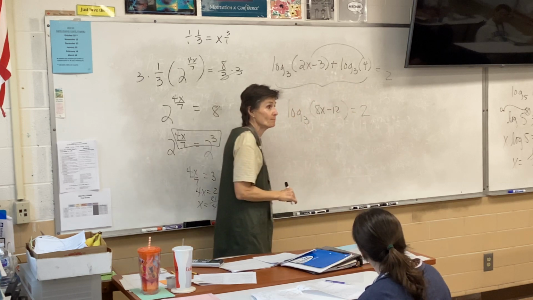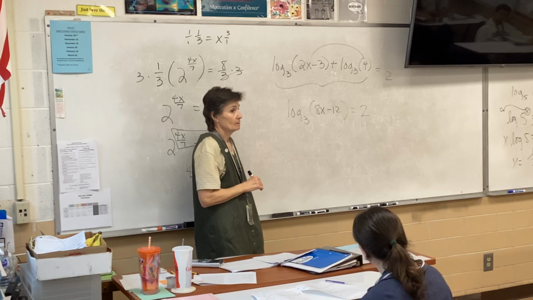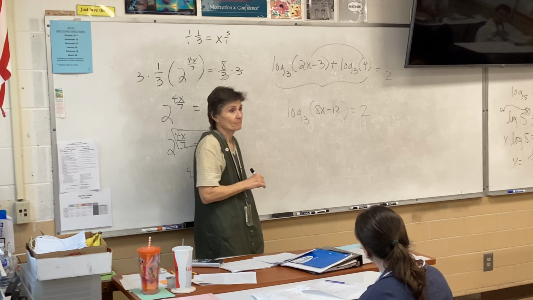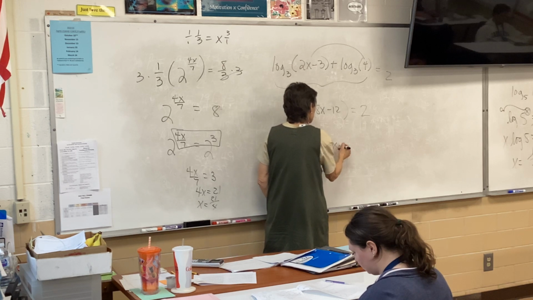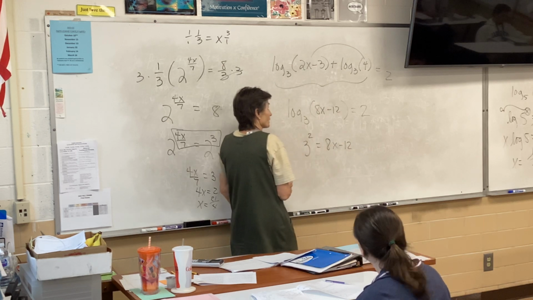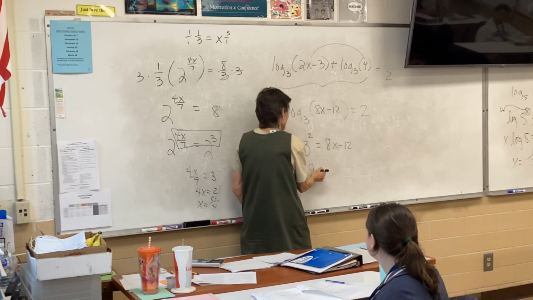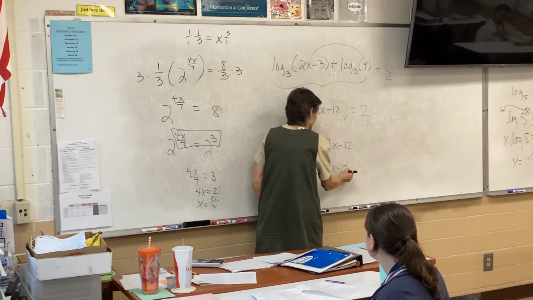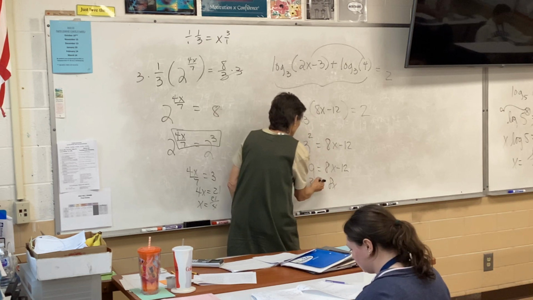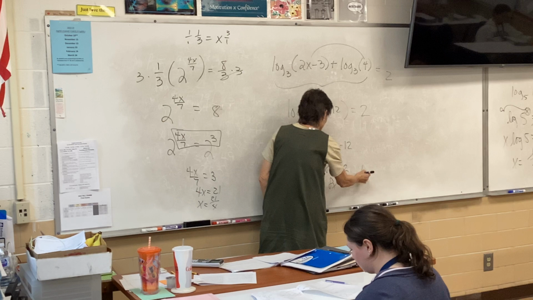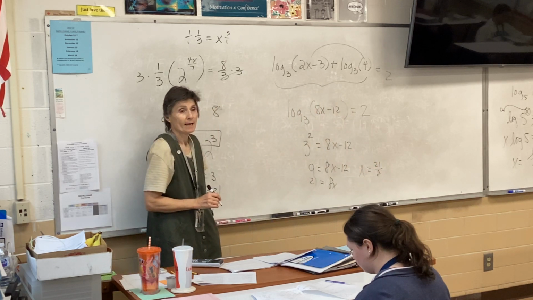Everybody good with that? What next? Loop-de-loop. So 3 to the second equals 8x minus 12. 3 to the second is 9. 8x equals 21. And it looks like I get 21 over 8 as my answer.